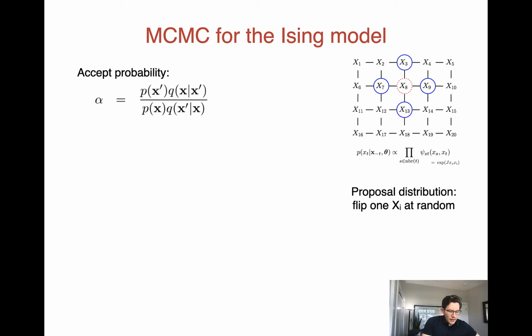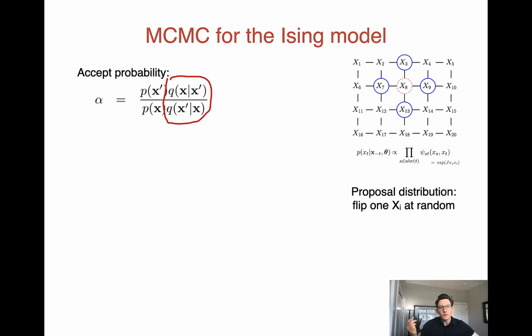Our acceptance probability we know is this thing, p of x prime over p of x. That is the ratio of the probabilities of our two values, times q of x given x prime over q of x prime given x. So that is the ratio of probabilities that we would go from x prime to x versus from x to x prime. First thing, if we look at this factor, we can see that our proposal distribution is symmetric.